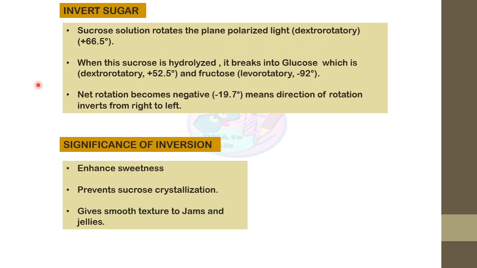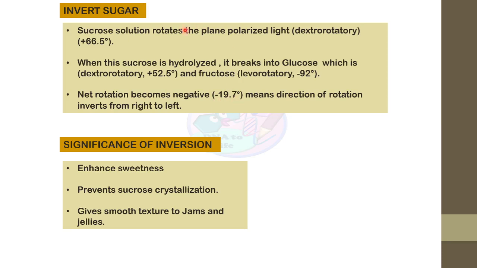Glucose is dextrorotatory, rotating the plane polarized light toward the right with plus 52.5 degrees, whereas fructose is levorotatory and rotates it toward the left with minus 92 degrees. Since fructose is rotating more, the net rotation becomes negative, minus 19.7 degrees.